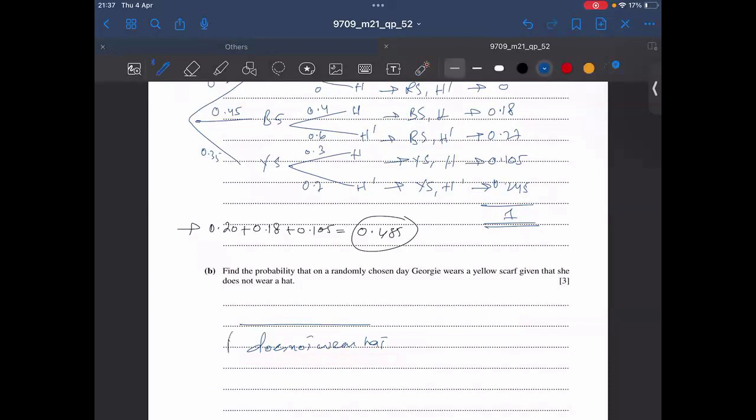So the probability that she does not wear a hat is going to come into the denominator, and in the numerator it would be yellow scarf and not hat.